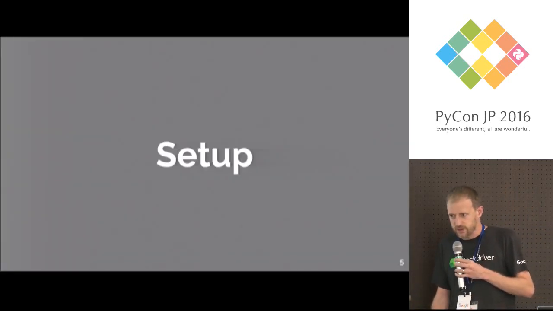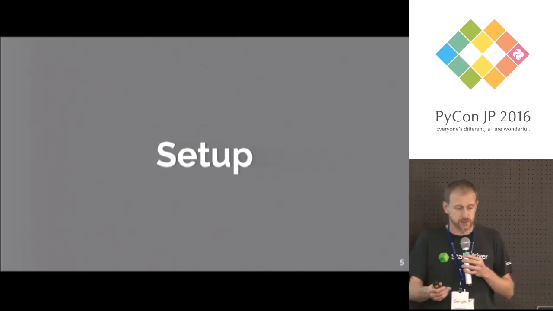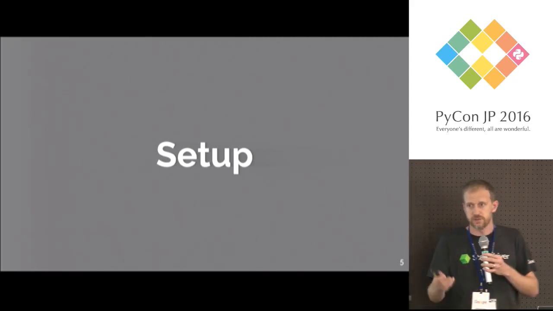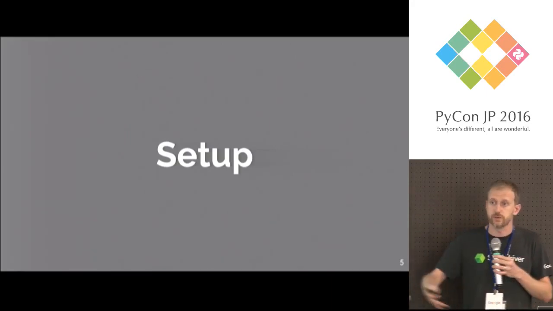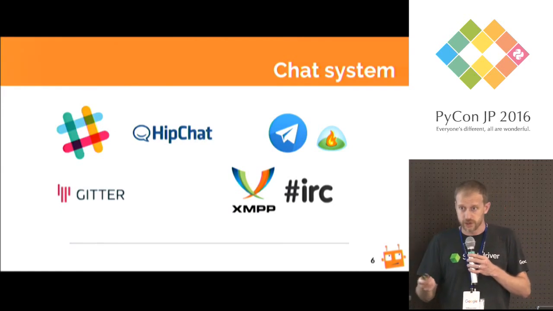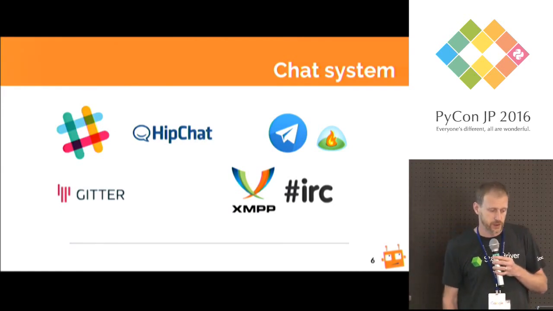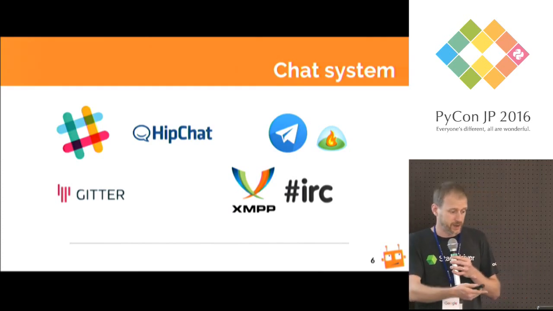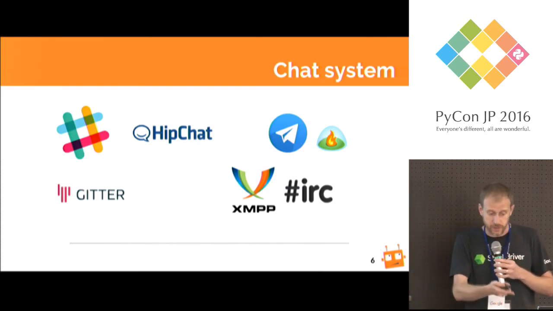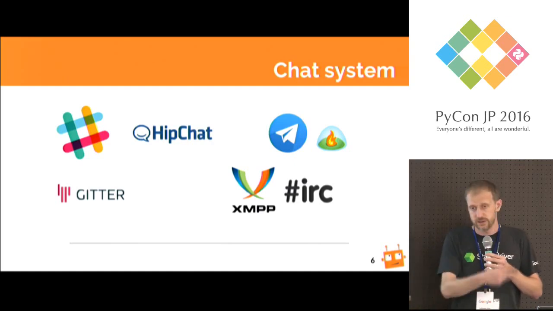So let's see where errbot, my little project, is coming in. Errbot is the chatbot itself, the thing that is sitting between this chat room and your infrastructure. It can connect to a lot of various chat rooms. That's one of its forte, one of its advantages. You recognize, of course, Slack, HipChat, but we also have Telegram, XMPP, IRC, Gitter.